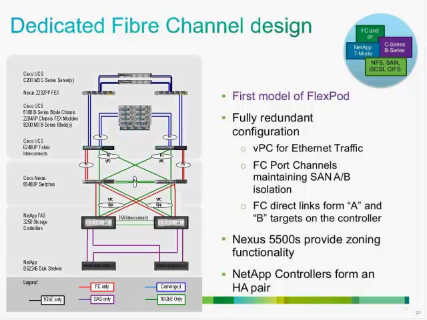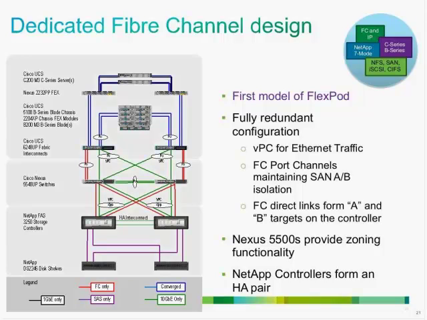Fabric Interconnects connect to the Nexus 5000 for Ethernet, separate from the Fibre Channel. So essentially what you're seeing is we have a port channel for Fibre Channel going down to the Nexus 5548 switches, and we have a vPC going on for the Ethernet traffic going down to the Nexus 5548. Same thing is true for the NetApp filers. We have separate SAN and LAN ports.